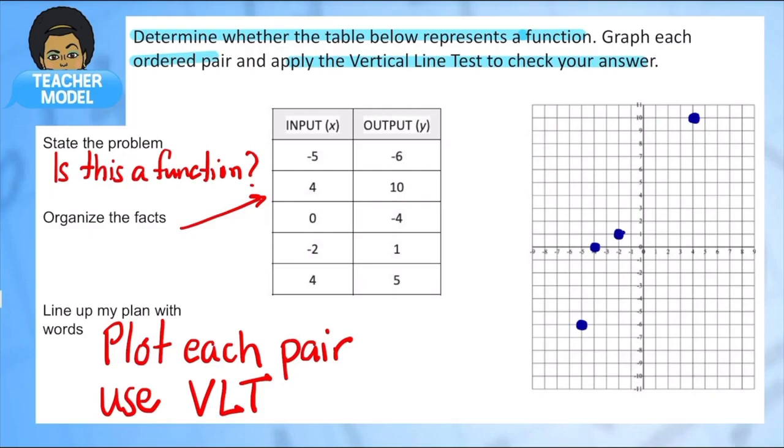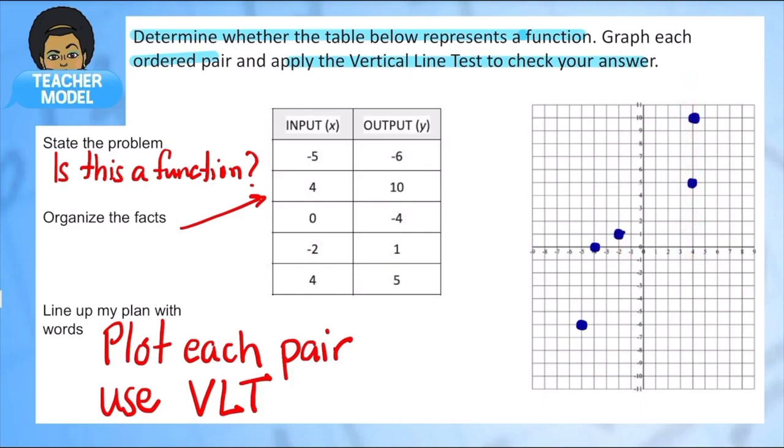And let's do 4, 5. Okay, and so again, a vertical line test would mean if I had a straight line going straight down, I would only hit 1 point. So that's fine. That's fine. How about at -2? That's fine. But here is the problem at where x equals 4.